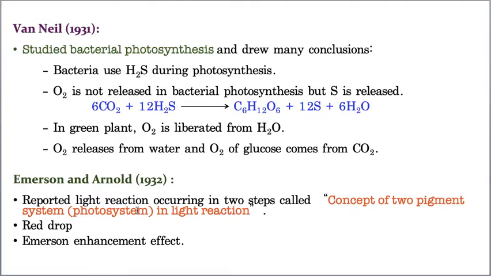He also explained about red drop, and also Emerson's enhancement effect. All these three points, just give me one day. Tomorrow I'm going to explain the introduction only, and then I'll explain all these points. For now you just remember only the names, and I'll explain the complete details in the next class.